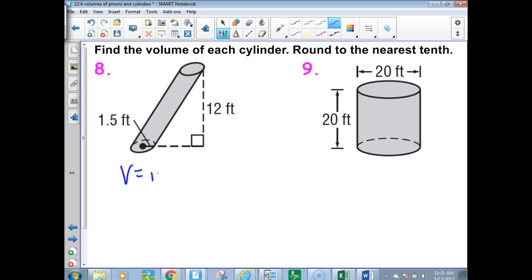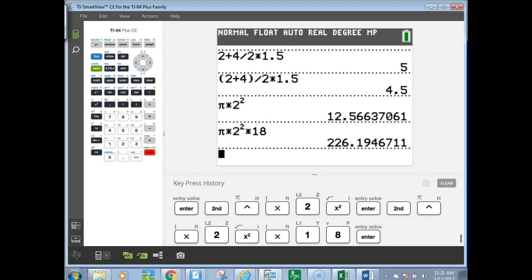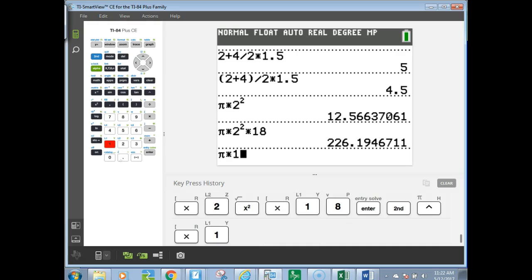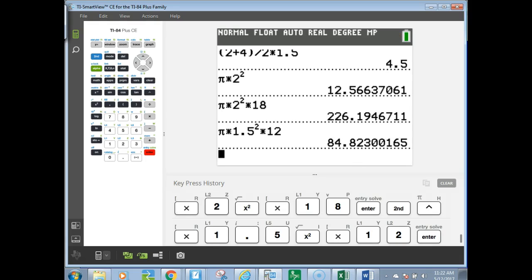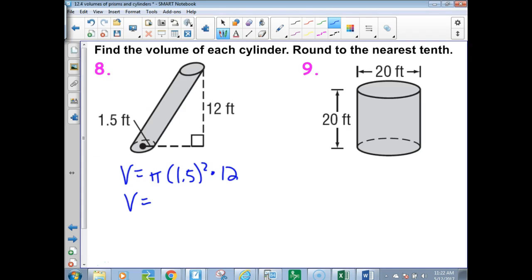So the volume for it is going to be pi times 1.5 squared times 12. That's 84.8 cubic feet.